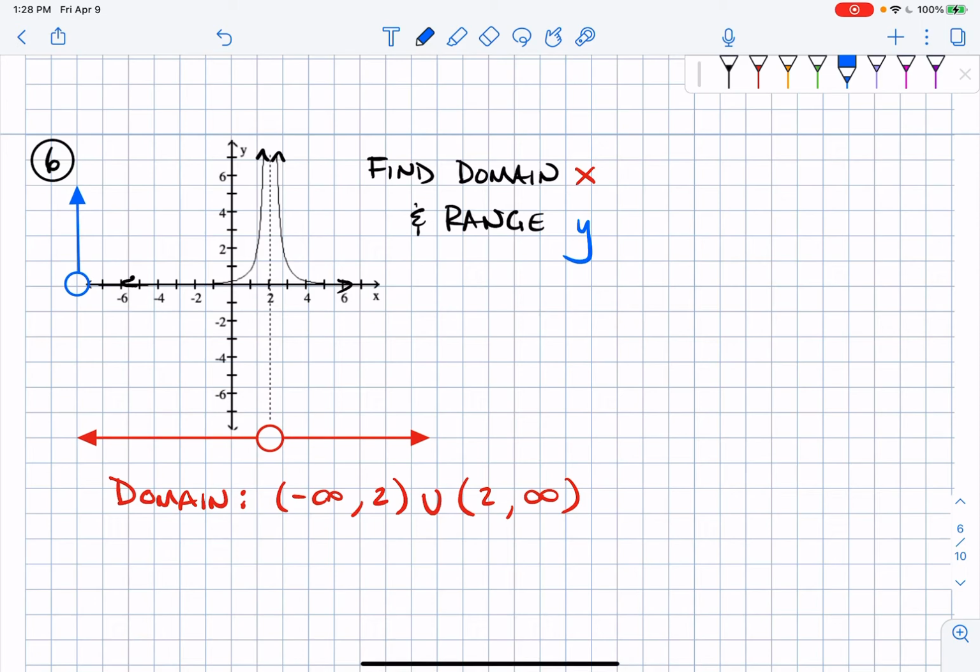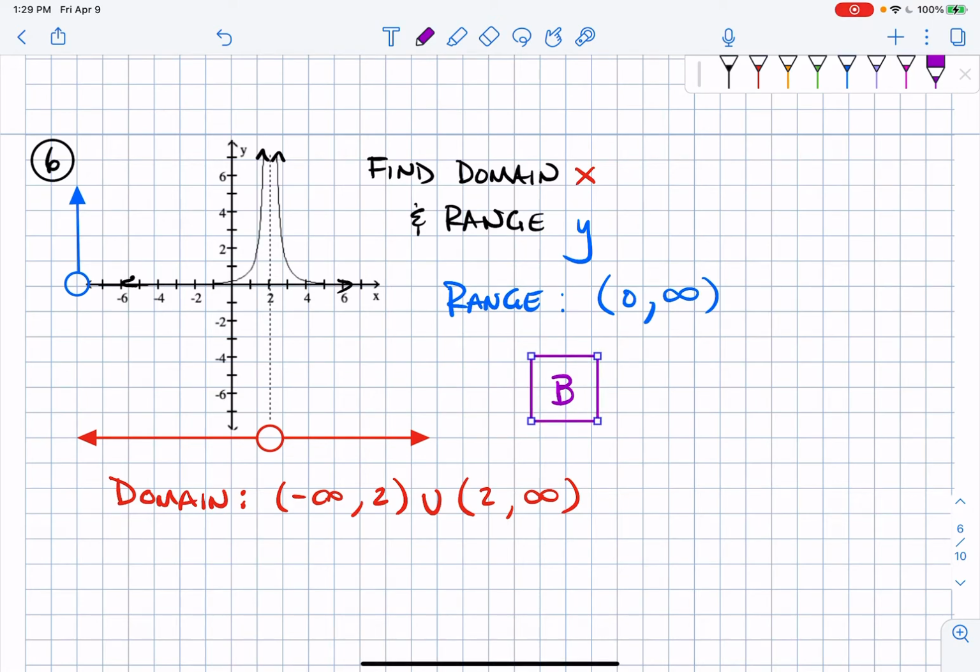So it's going to go up, up, and up, but there's going to be a hole on the bottom where it doesn't touch that 0 part. So my range is going to be from 0 all the way to positive infinity. All right? And that, ladies and gentlemen, is going to be choice B.